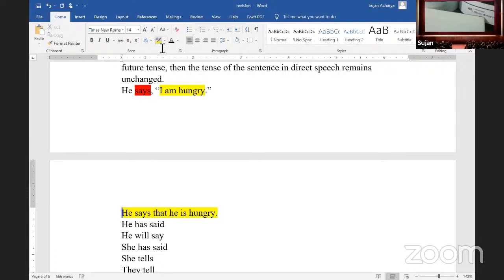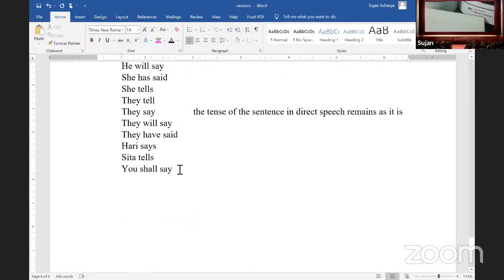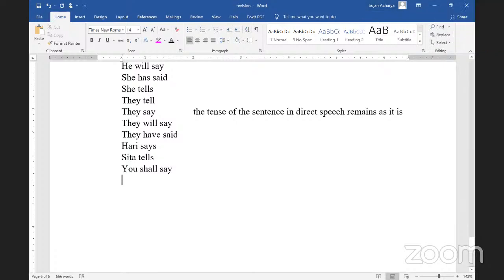Because the reporting verb is in present tense. Therefore, no change in the tense of the sentence in direct speech. And no doubt that has to be added as a rule. Did you understand this rule number 2? Yes, sir. Okay.